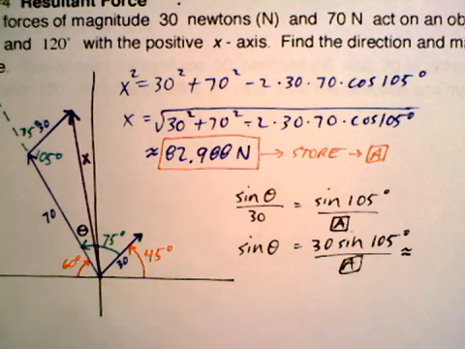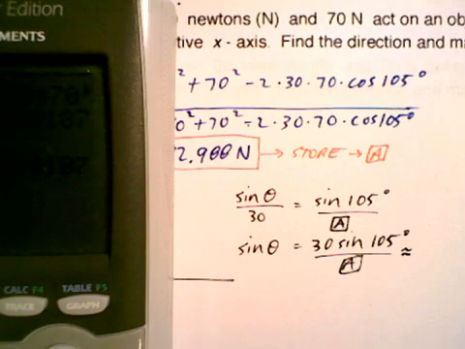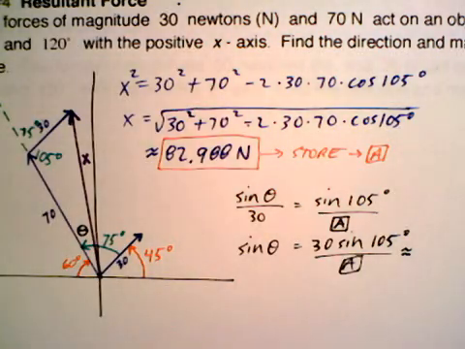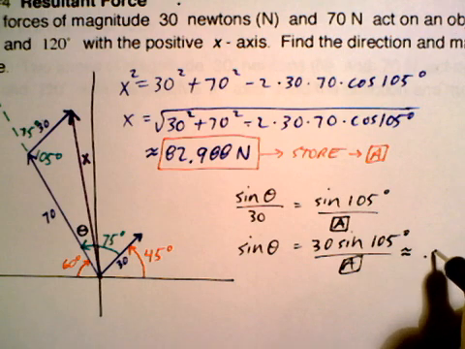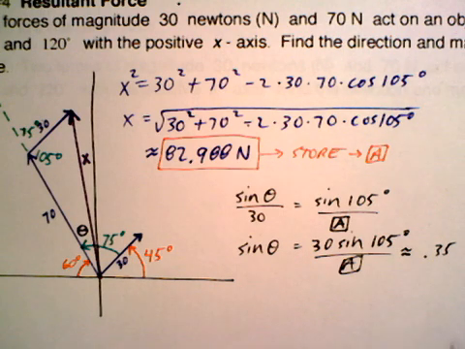So we have 30 times the sine of 105. I'm just going to do it off to the side. Sine of 105, and you should be doing this on your own as well. Divide by alpha A, and I got something like 0.349.